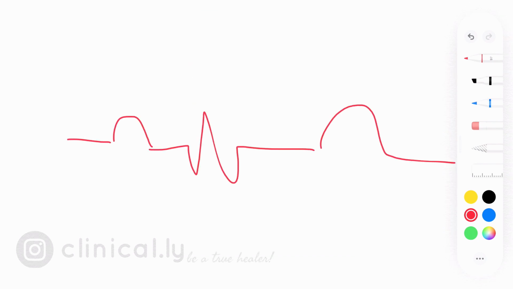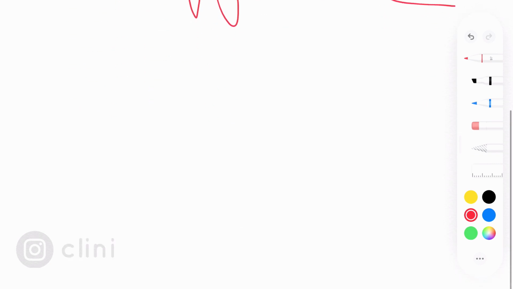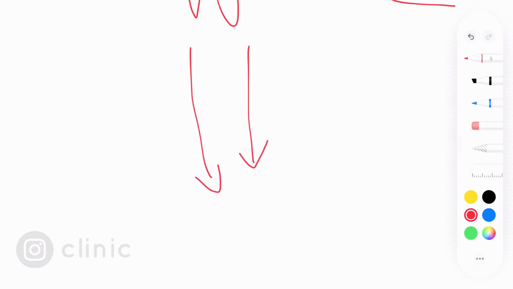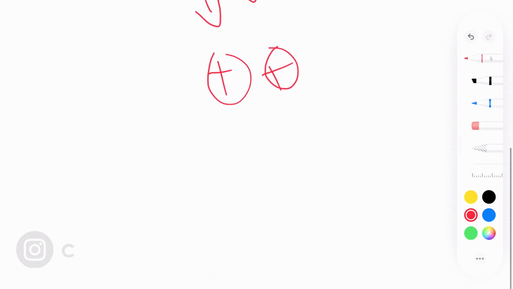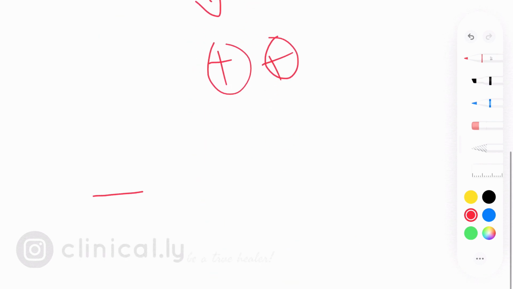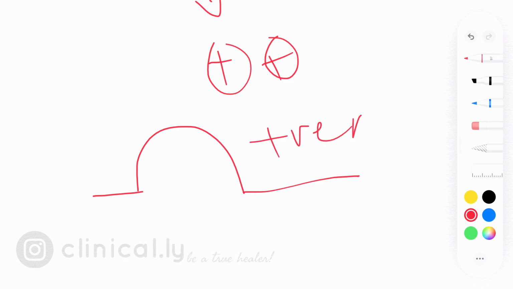The second convention that I would like to talk about is that whenever the wavefront of activation is traveling towards the lead or electrode recording the ECG, that activity is plotted on the ECG above the baseline, and it is called a positive deflection.